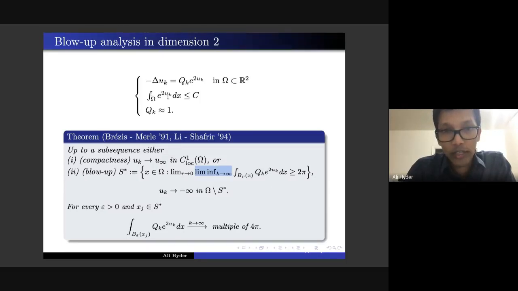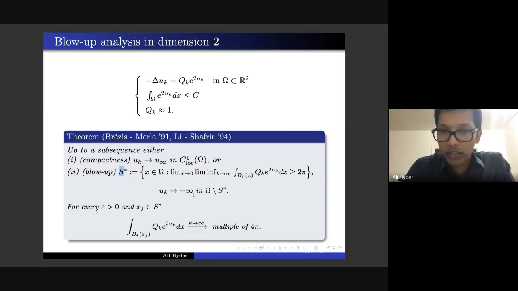Since the total integral of the right hand side is uniformly bounded, and at each point there is at least 2 pi amount of integral, this set S star is at most finite. So in the second possibility, u_k would go to minus infinity in omega minus these finitely many points. Again, this convergence is locally uniform.